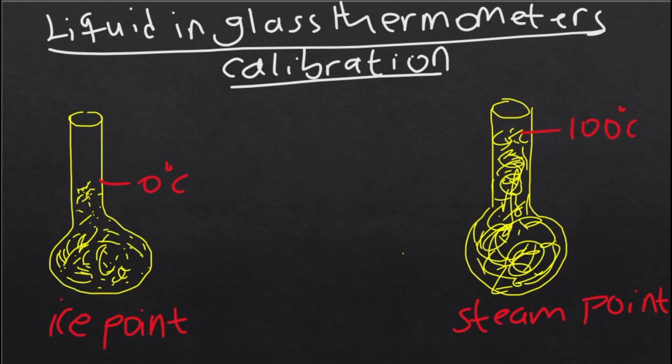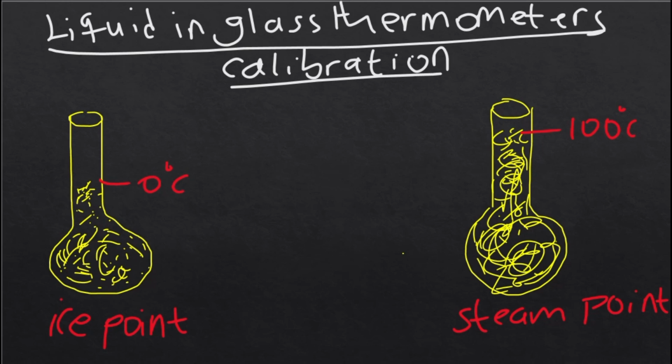What we are going to do is find the lowest point that everybody on Earth will agree on and the highest point that everybody on Earth will agree on. And then in between, we can get the scale by dividing the space in between into some units based on the temperature range.